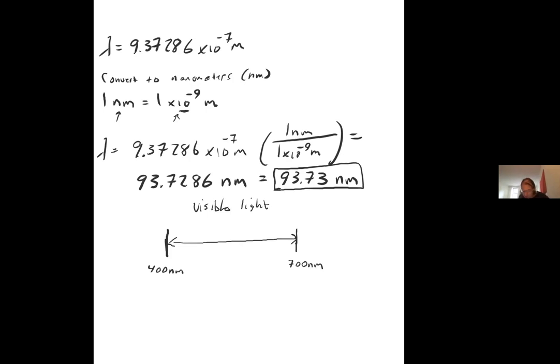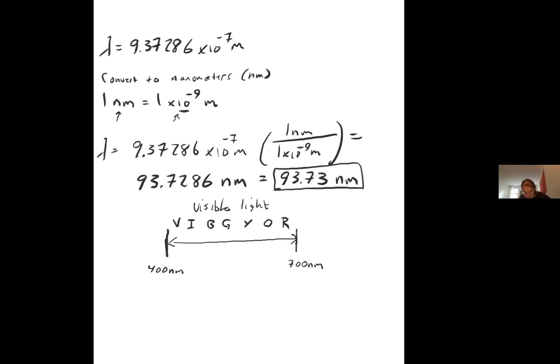And then we had all the different colors, right? There was red, orange, yellow, green, blue, indigo, and violet. So reading from right to left, we would read that as Roy G. Biv, right? Roy G. Biv are all the colors of the visible spectrum, okay? And so red is the region closer to 700, and violet is the region closer to 400.